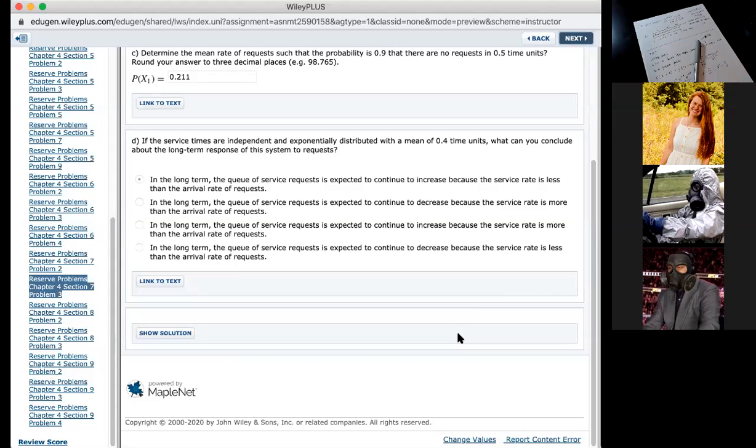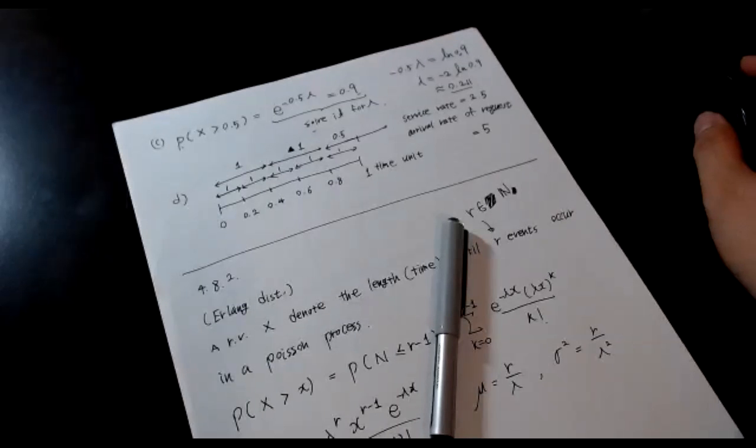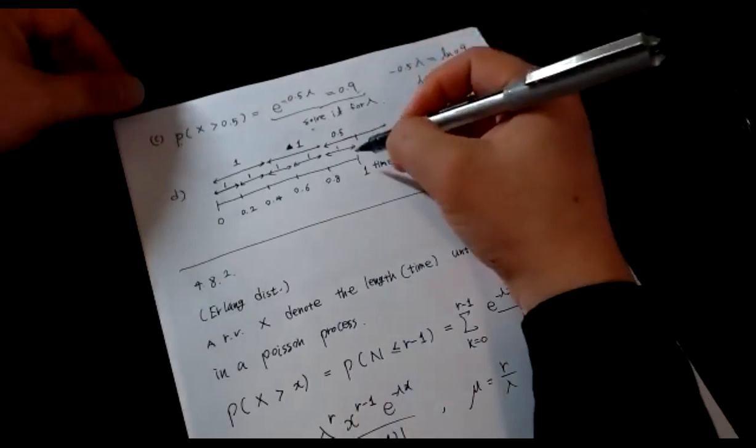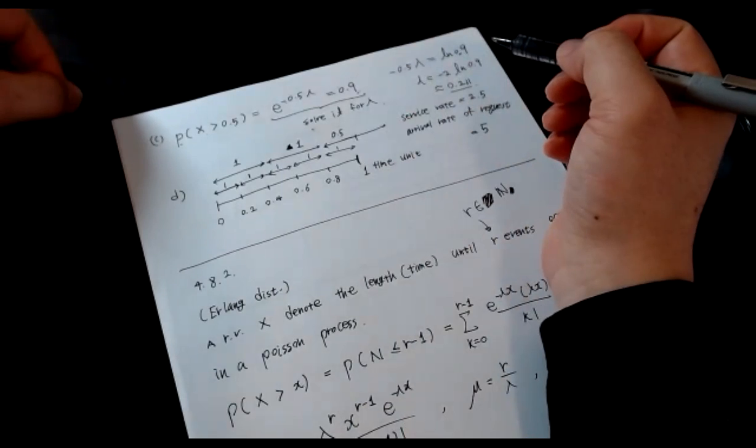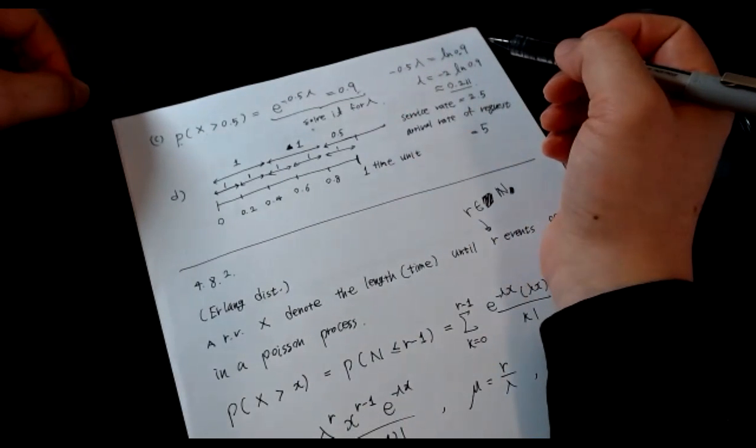Then we compare the service rate with how many requests they can receive in one time unit. That's called the arrival rate of request. So we need to compare them. In one time unit, we know the mean rate of request is 5.